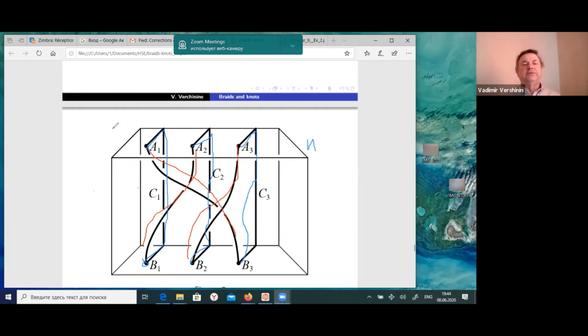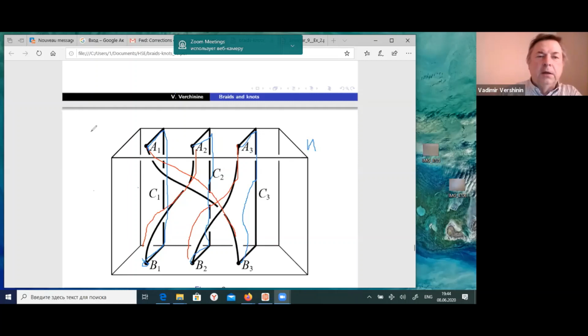This is very interesting because if you consider equivalence classes, then this will be exactly all the links. The equivalence classes of braids will be links because the Alexander theorem gives you an epimorphism.